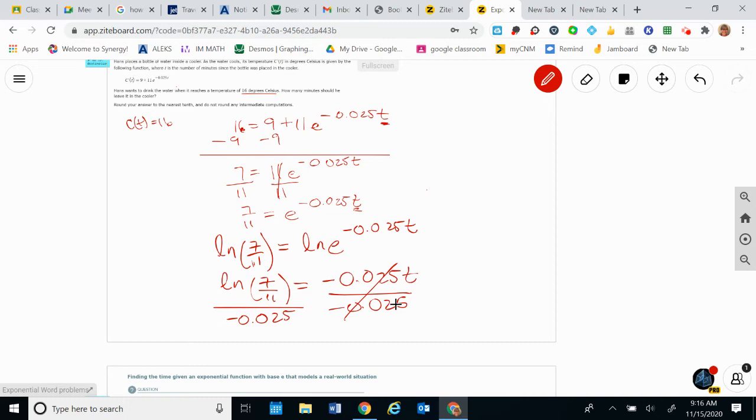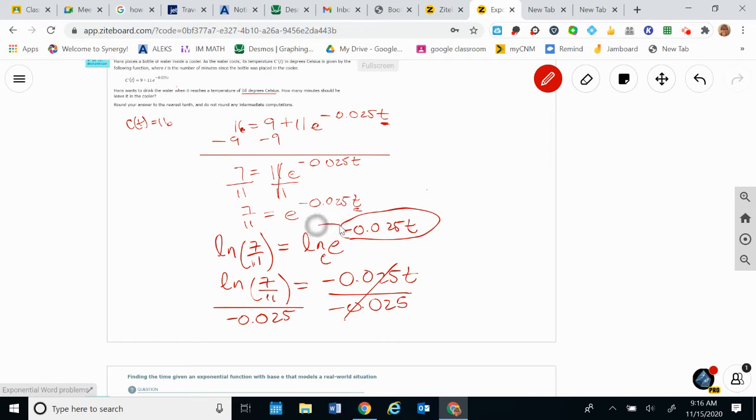I highly recommend that on the next problem, you try to do it ahead of me, or pause the video to see if you know how to do it. And don't forget that the reason that ln went away is because ln of e is actually equal to 1, and we bring this exponent down.